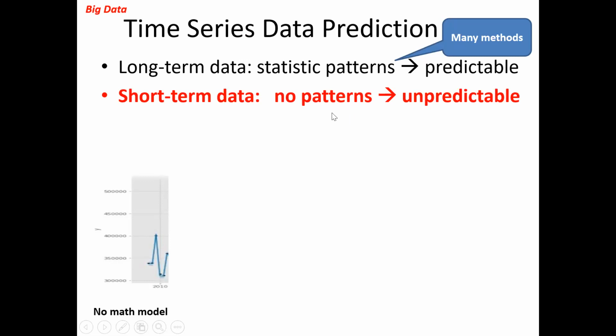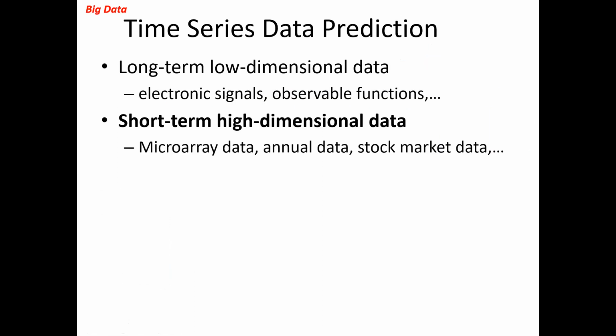For such data, we consider it unpredictable because we have so little knowledge. But such data are really widely available in our area, like gene sequence data, microarray data, annual data, and even stock market data, which we consider short term.